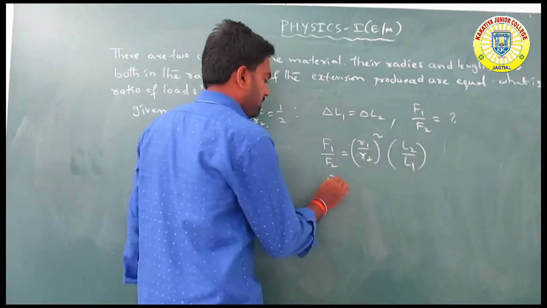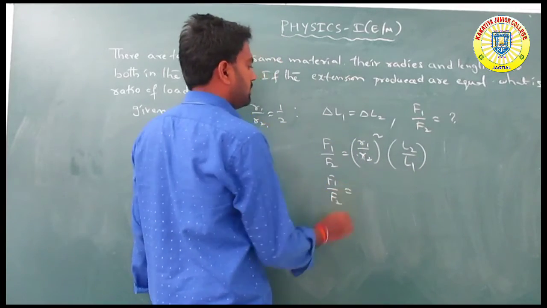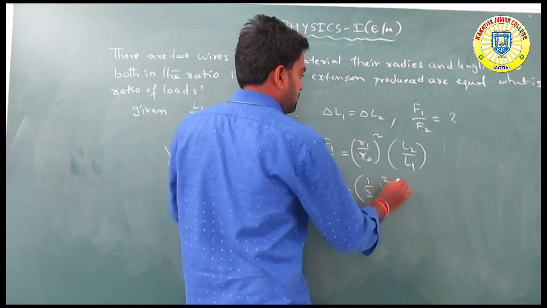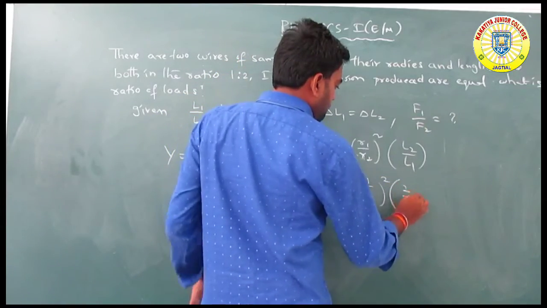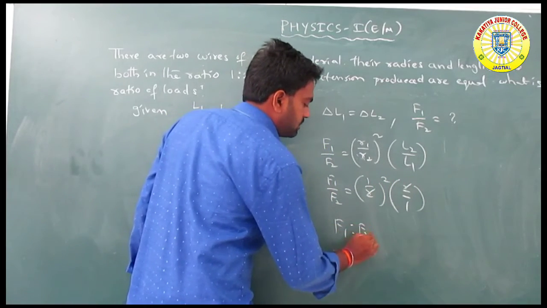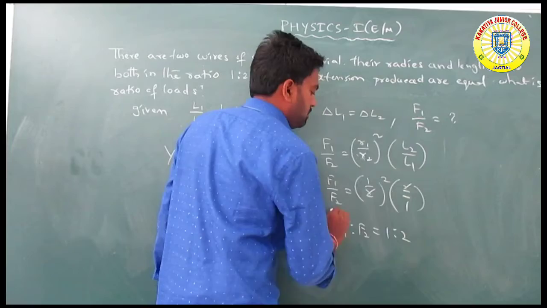That is one-half whole square into 2/1, since L2 by L1 is 2/1. So the 2s cancel, and F1 is to F2 is equal to 1:2.